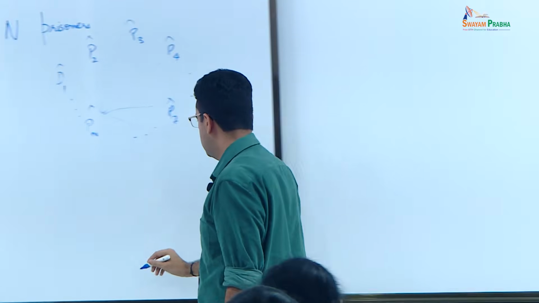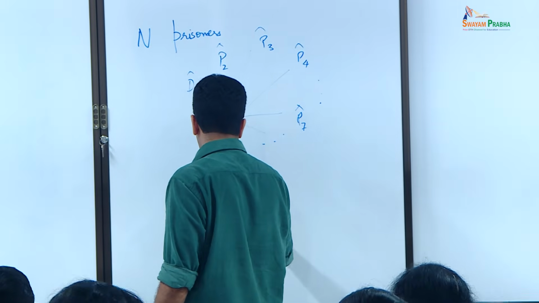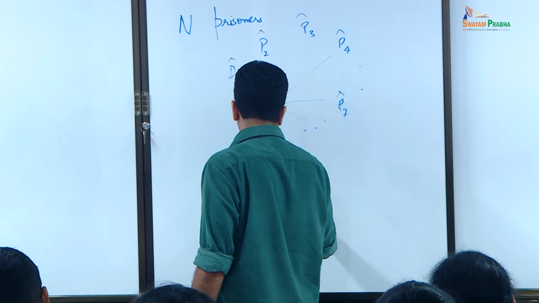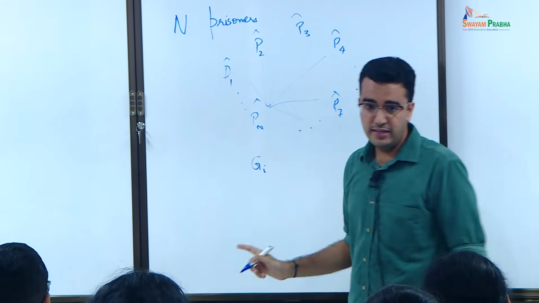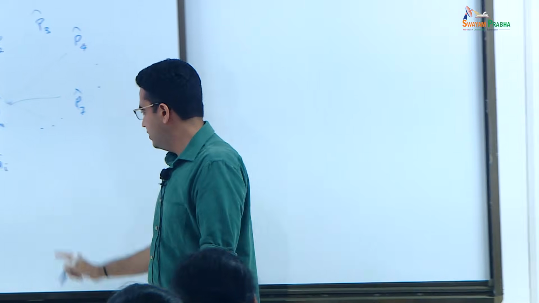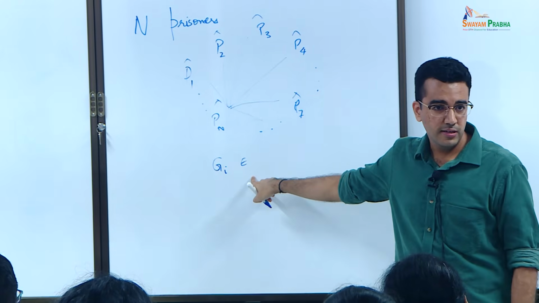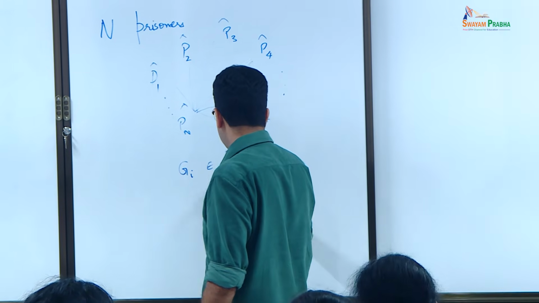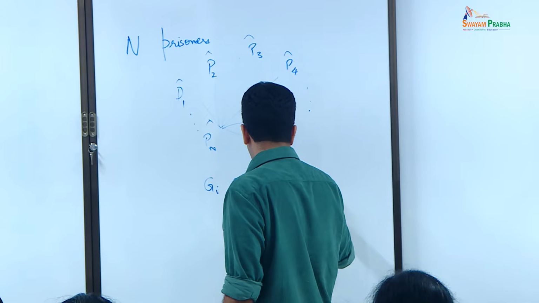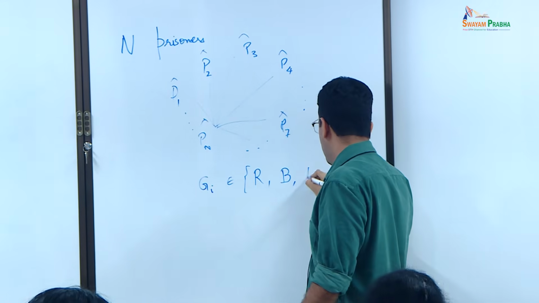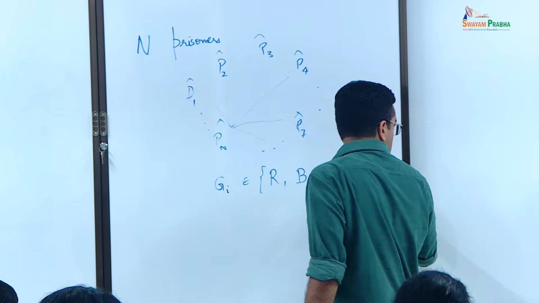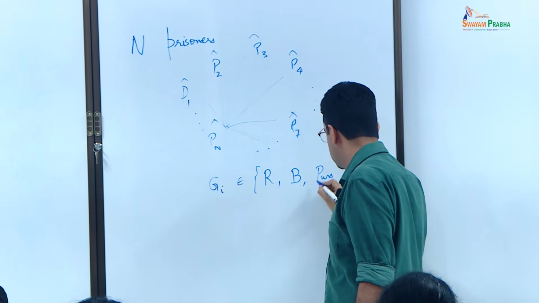So each prisoner has a guess. Let's call the value of the guess of prisoner i as Gi. This symbol means belongs to. Gi belongs to red, blue, or pass. Only 3 options.